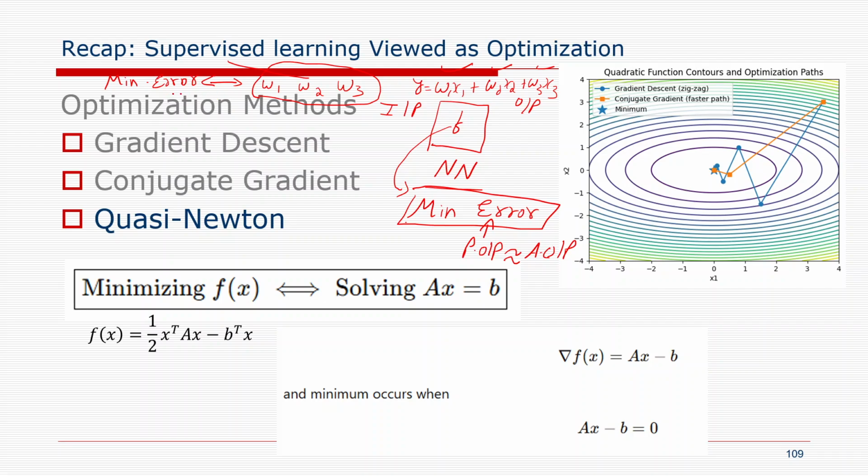For that, we are going to use optimization methods. In the last class, we discussed gradient descent and then the conjugate gradient.